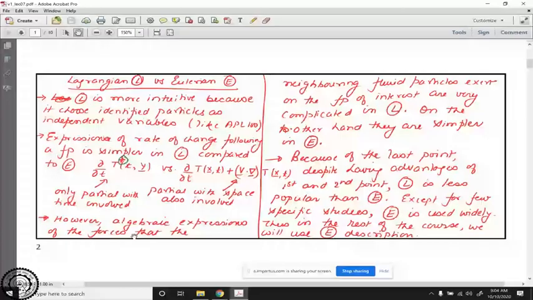So acceleration is fine, but getting the right hand side of Newton's second law is very difficult in Lagrangian, and simpler in Eulerian. And that is why Eulerian is more popular.